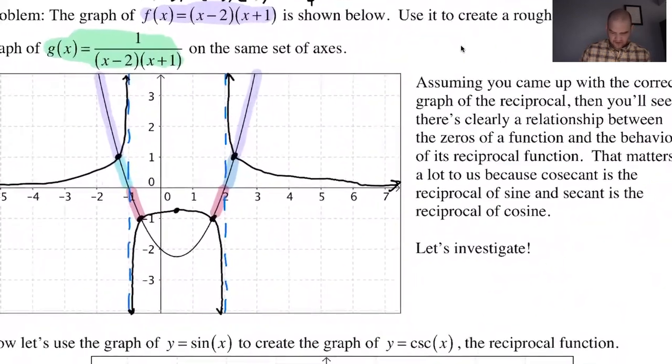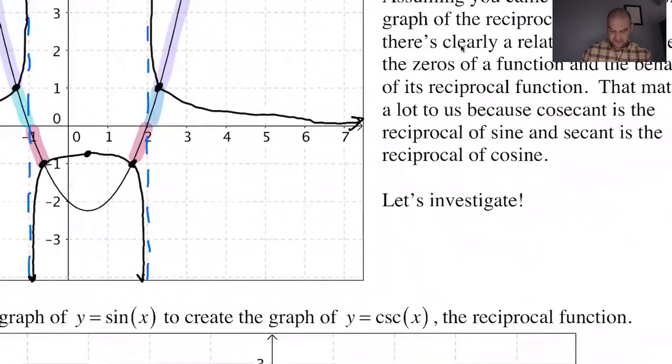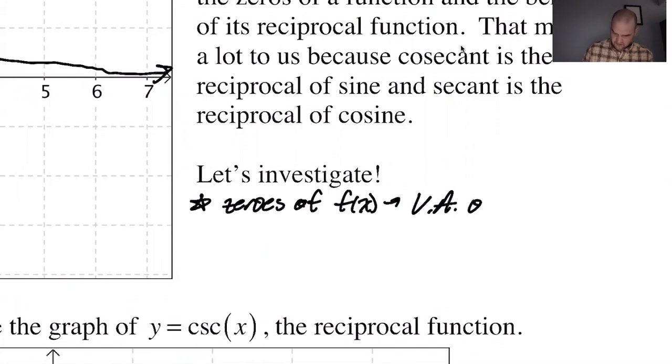So we were able to do a couple of things. We looked at the zeros of the original function. The zeros of f of x became the vertical asymptotes of g of x.